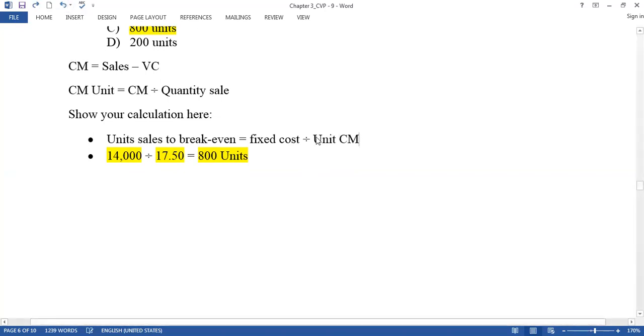That means if I ask you another question, what is the dollar sales to find the break even? The formula is fixed cost divided by CM ratio, right?